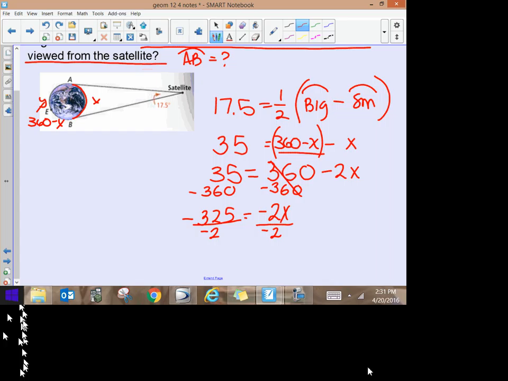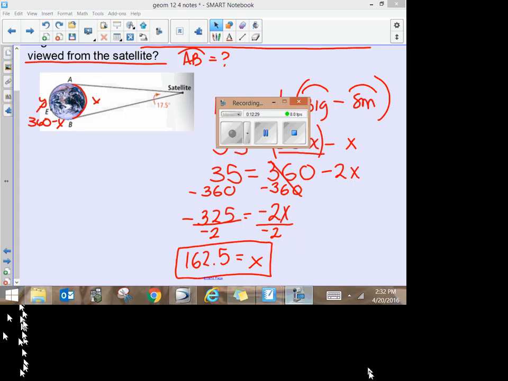And we're going to get 162.5, which is the right answer. So we have a different answer? Nope. I have a challenging problem on the next slide. It might be worse for me.